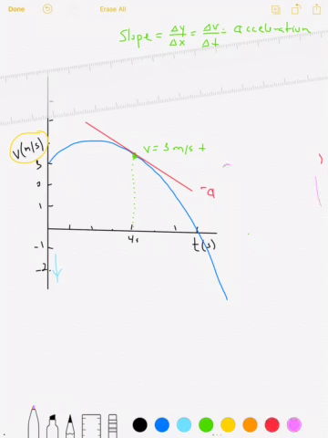Let's make note of that. Decelerating. And you can think that for curves, like the blue line, when a curve is heading toward the horizontal axis, it's slowing down.